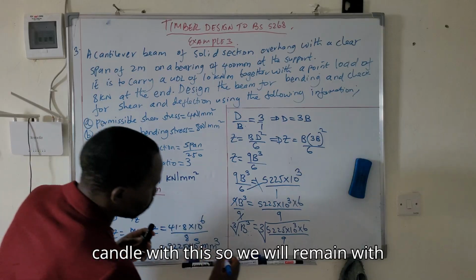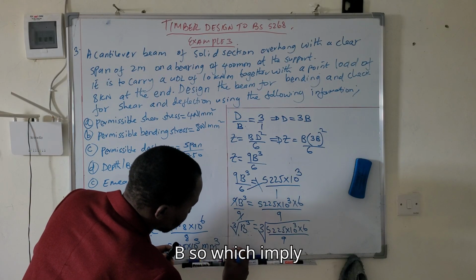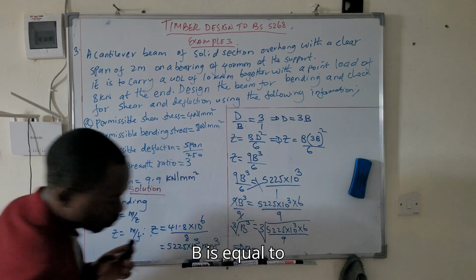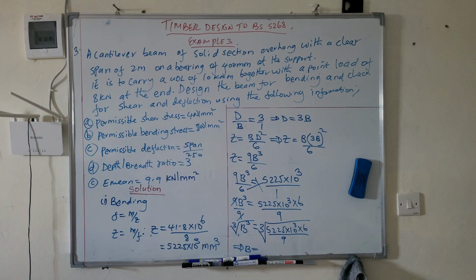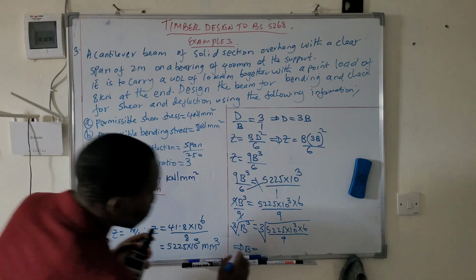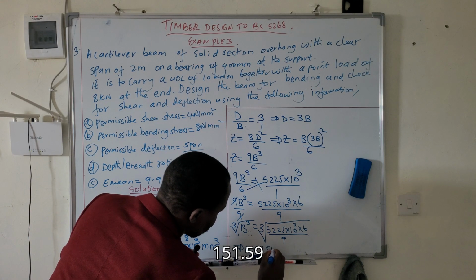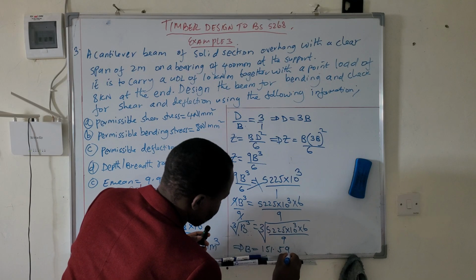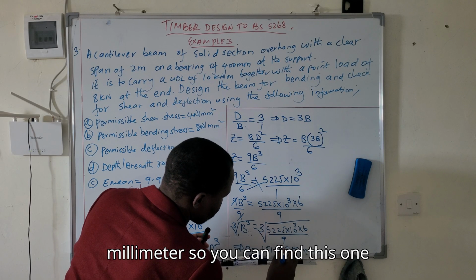So we will remain with B, which implies B is equal to 151.59 millimeter.